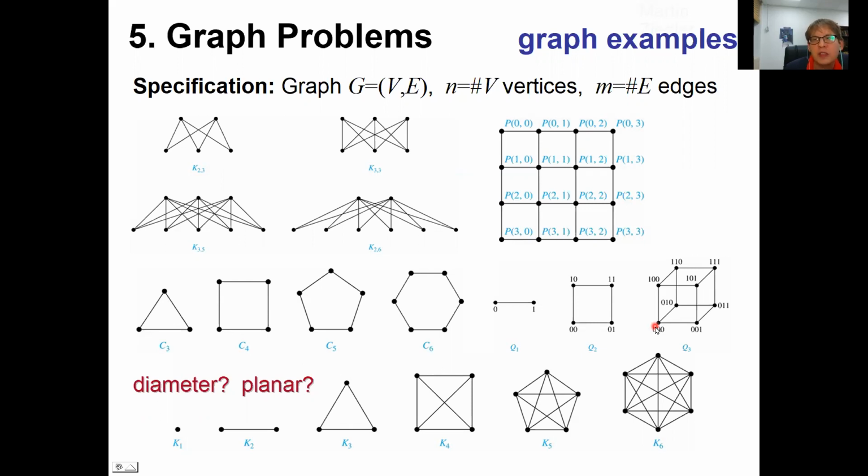The furthest vertices are from one corner to the opposite corner, right? From the vertex that has all bits in a certain way to the vertex that has all bits flipped. It doesn't matter which vertices we take, but it's really about flipping all bits. This will result in two vertices having the largest possible distance in the hypercube graph.